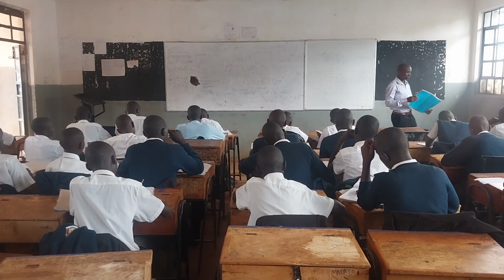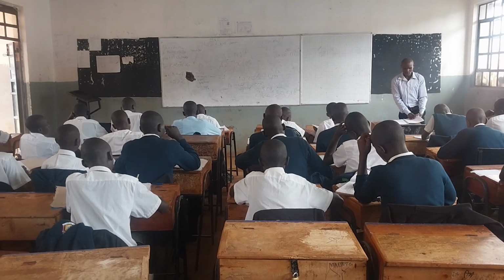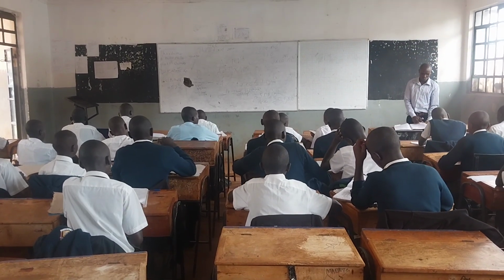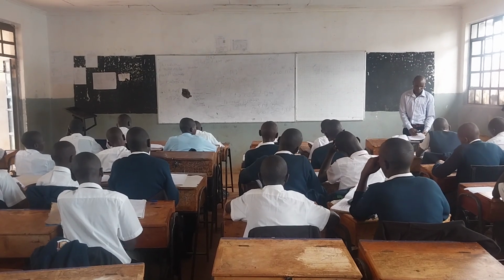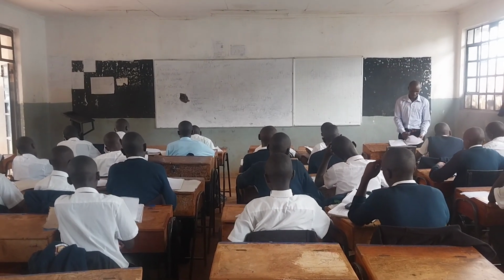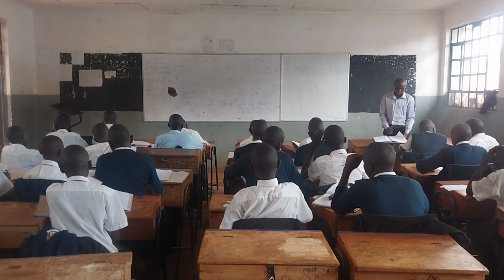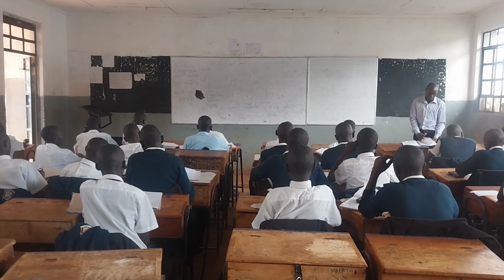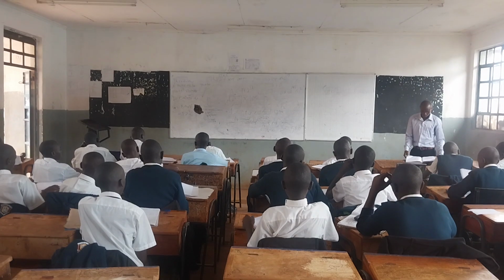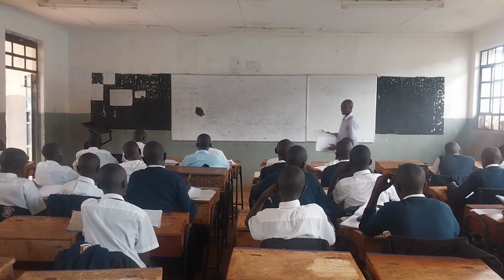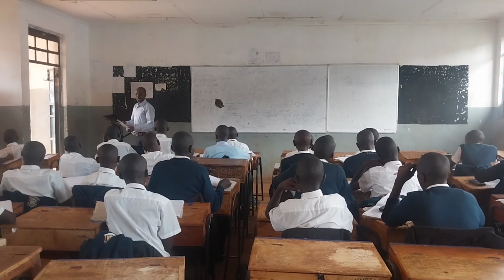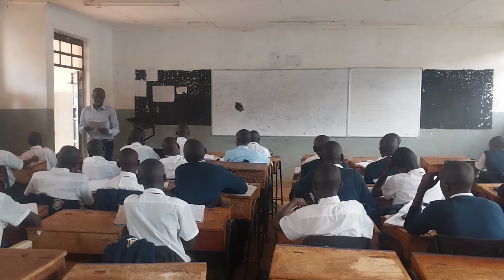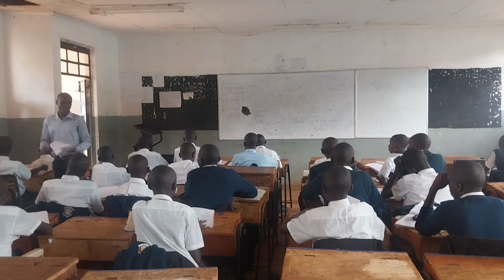Now, let's go back and summarize our topic, since we have come to the end of the topic, measurement 2. Now, we started by what? We started with the vernier caliper. We say you must read and do some calculations.